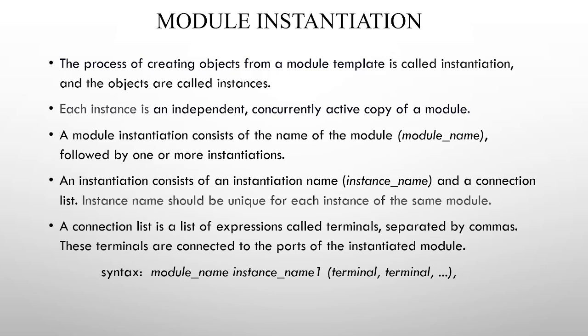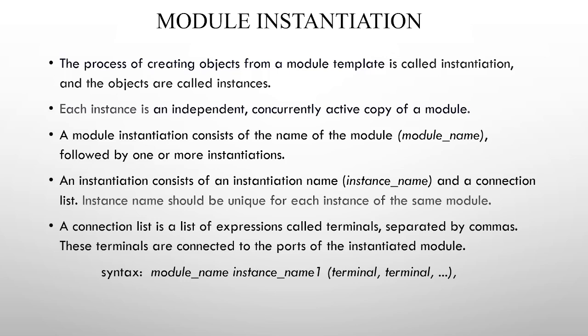So basically the original study material is nothing but the original module. Whenever anyone wants to use that study material, they should take a copy of it. In the same way, whenever you want to use this particular module in some part or some place in your code, you will take a copy of that particular module and use it in your logic.